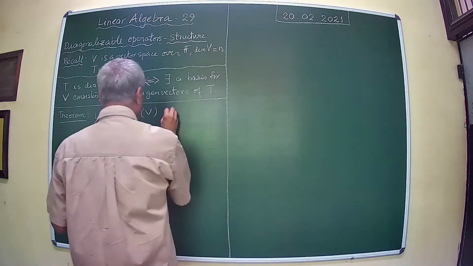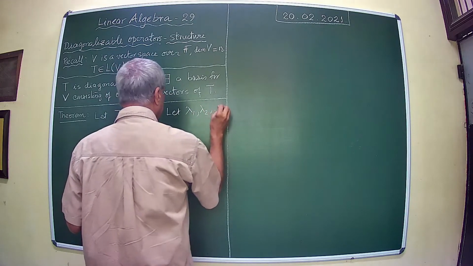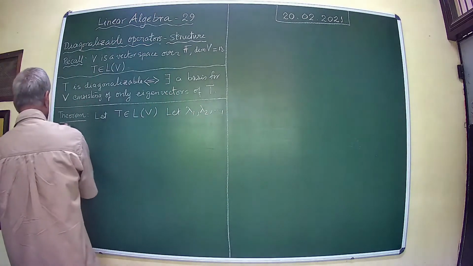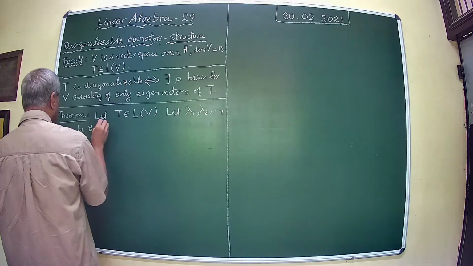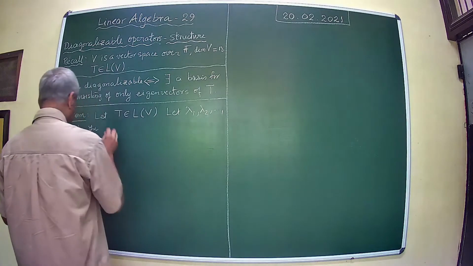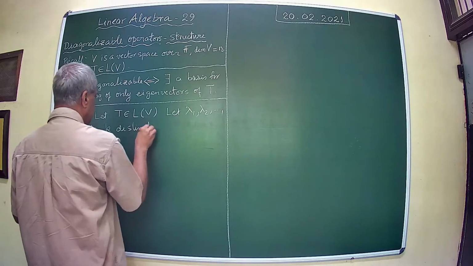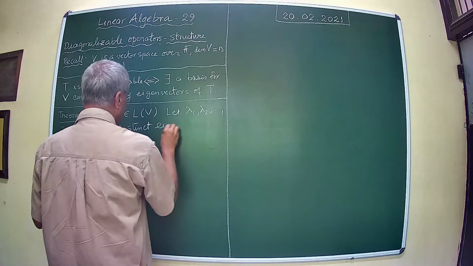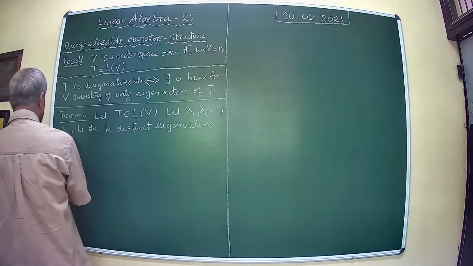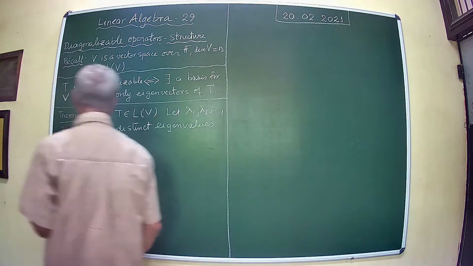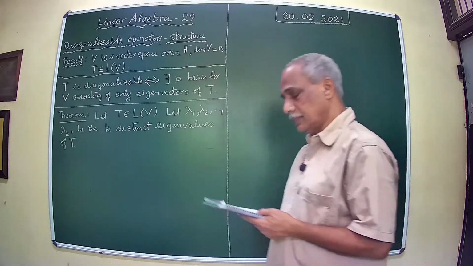Let lambda 1, lambda 2, ..., lambda k be the k distinct eigenvalues of T, that means lambda i is different from lambda j whenever i is different from j.